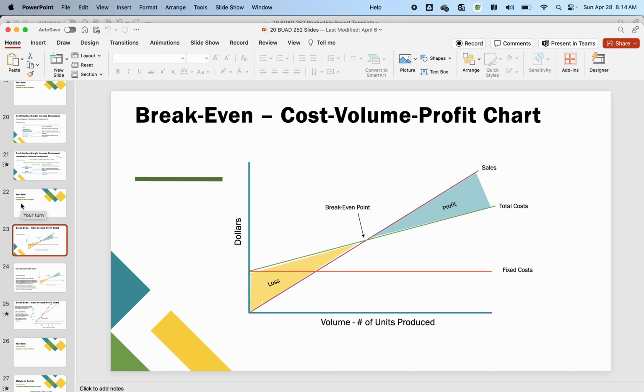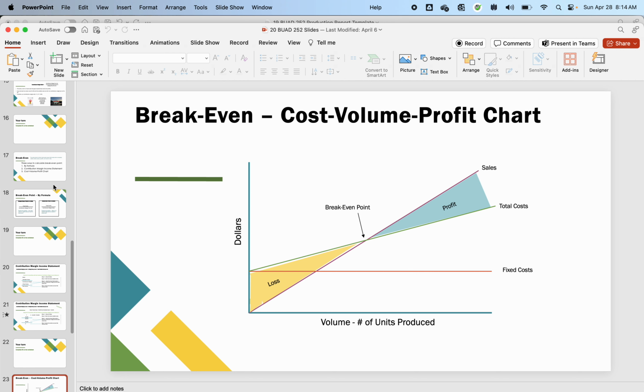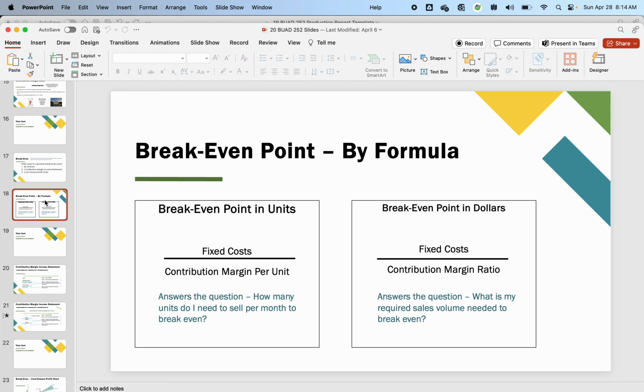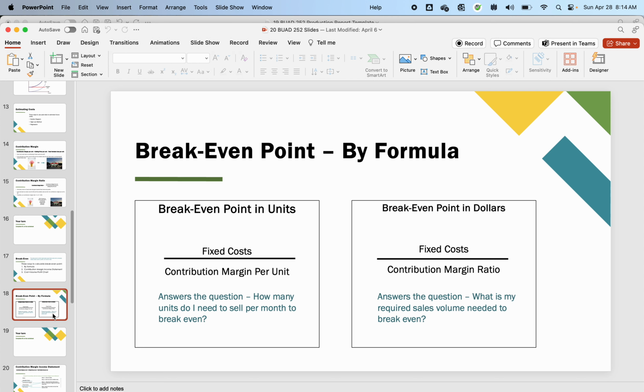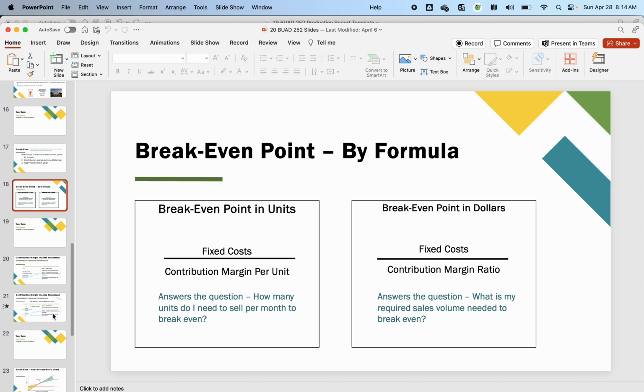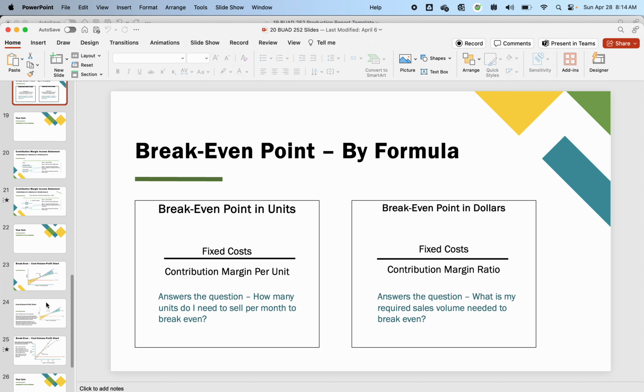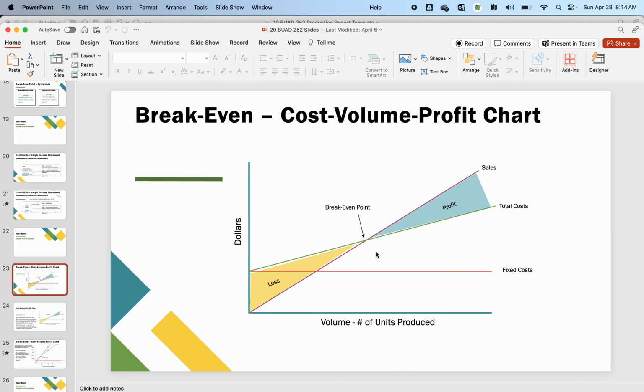I'm going to give you some information, and you'll have to go in and compute the contribution margin and the break-even point with formulas. That's why you're going to write them down on your note sheet. And then given that, you'll know the break-even point in dollars and the break-even point in units, and you'll know the fixed costs, and then you'll just have to do some math in terms of putting these lines together.